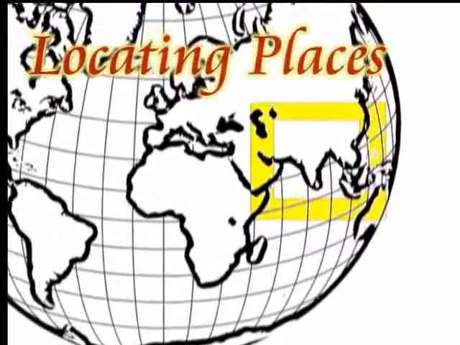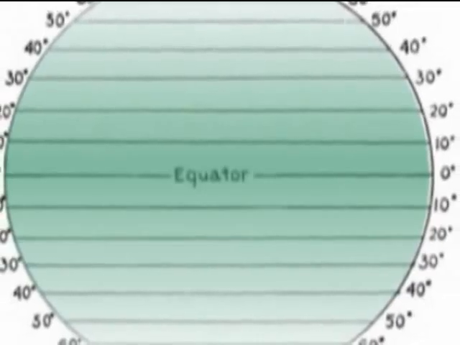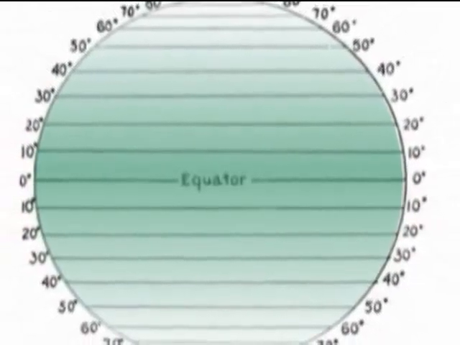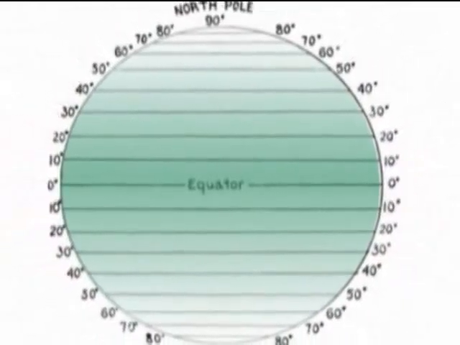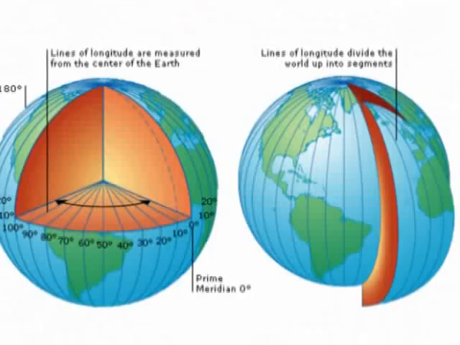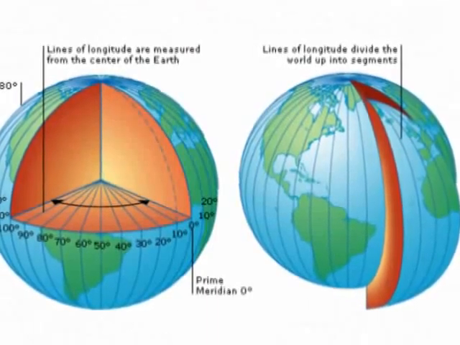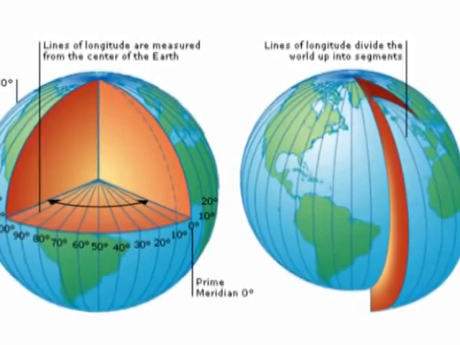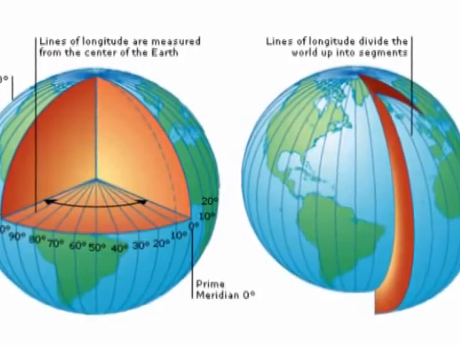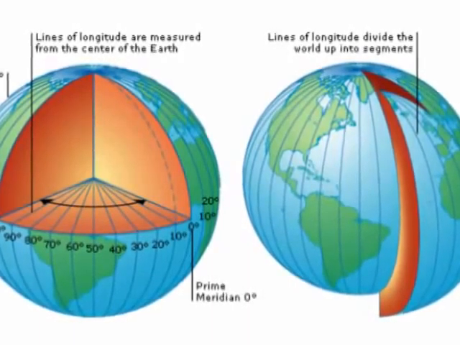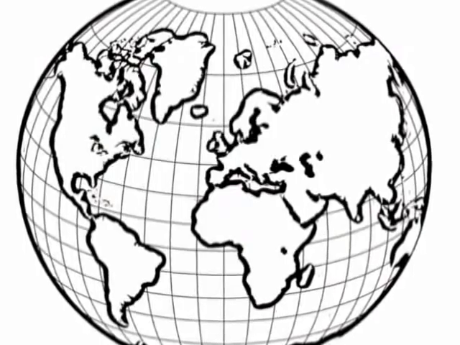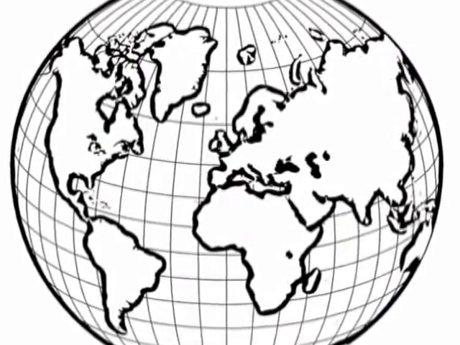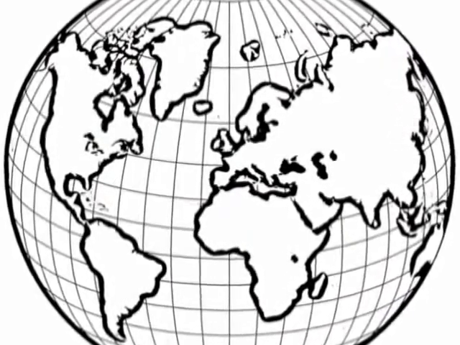Locating places. The latitude of a place tells us how far north or south it is from the equator. Its longitude tells us how far east or west it is from the prime meridian. Thus, if we know the longitude and latitude of a place, we can locate it accurately on the globe.